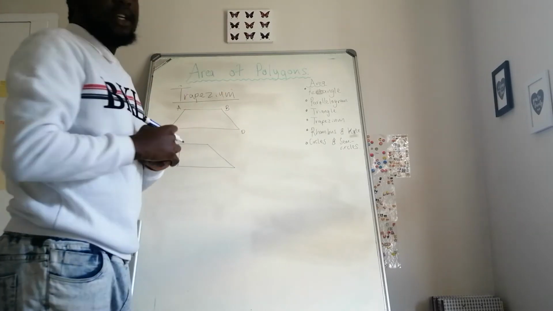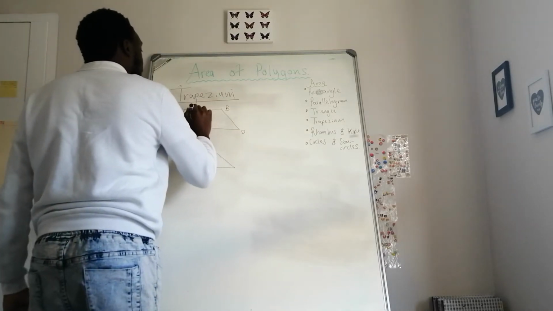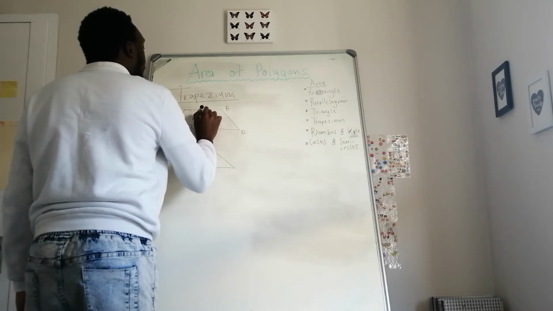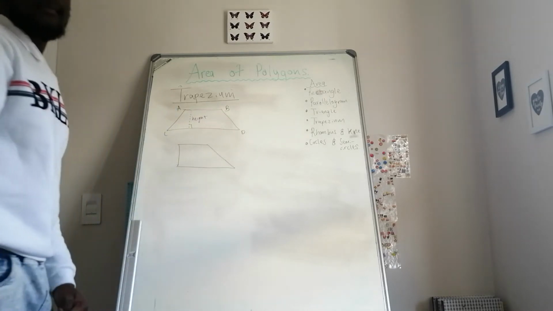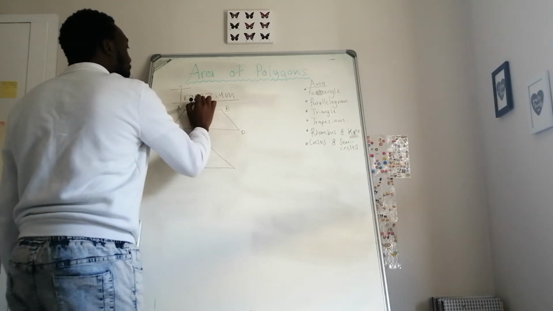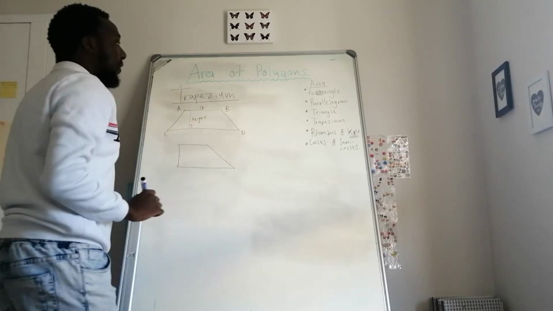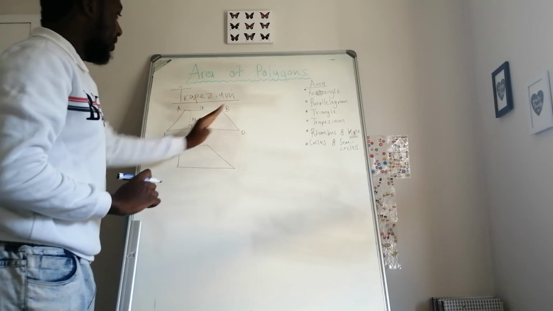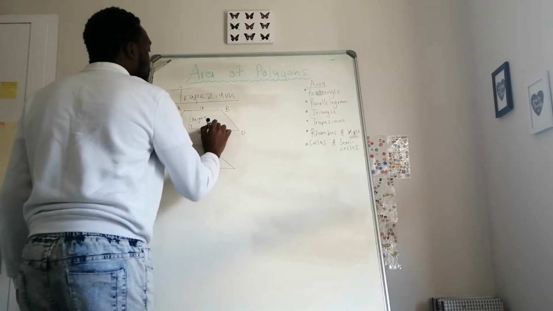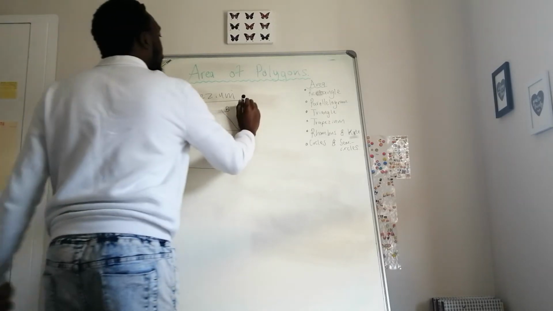So what do we need to calculate the area of a trapezium? We need the height of the trapezium, right? We need the length of this AB. Let me call it the top, or let me call it A, right? We need that length, and we need the length of the base. Let me call this base B, right? And so what is the formula?